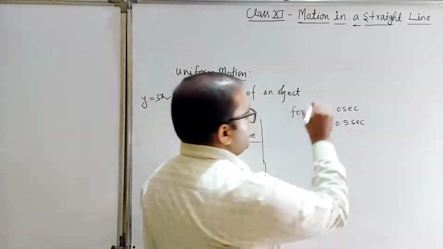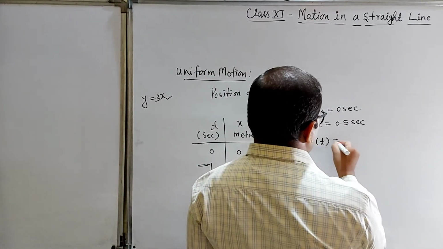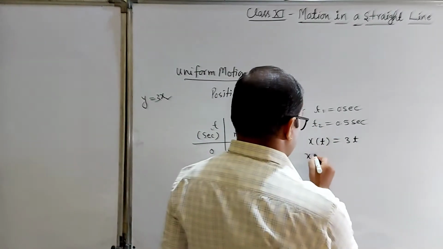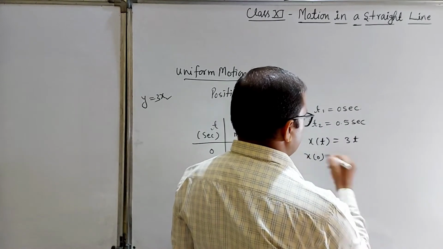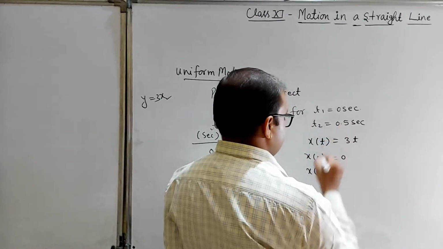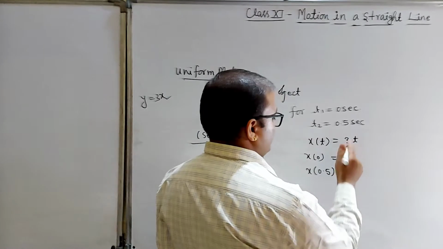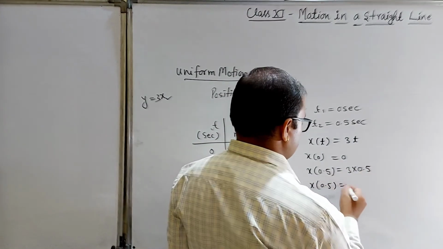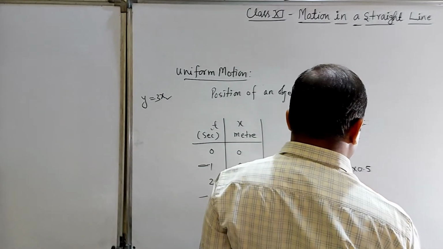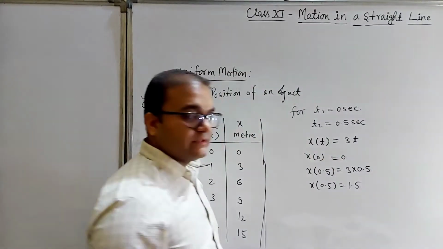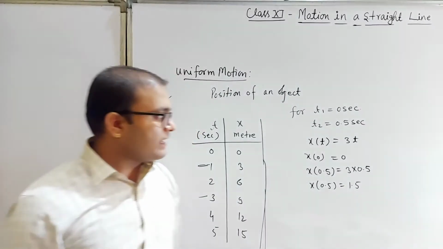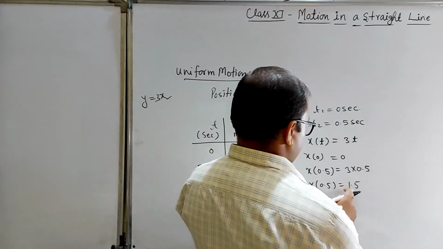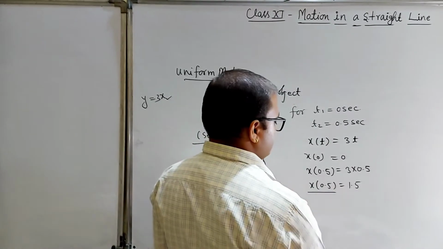Here we have the function x(t) equals 3t. Yes or no? So x(0), the position at t equal to 0, is 0, and x(0.5) equals 3 into 0.5, which is 1.5. This is the position at t equal to 0.5.